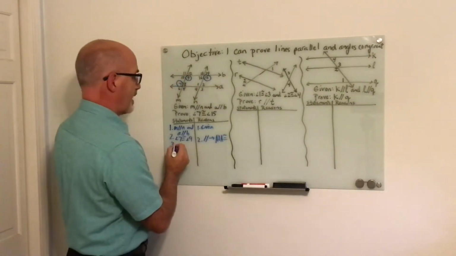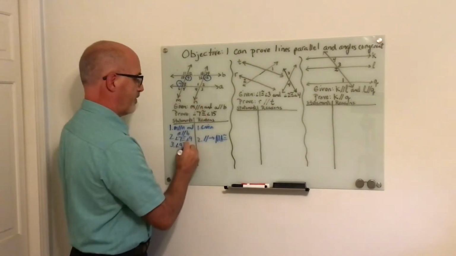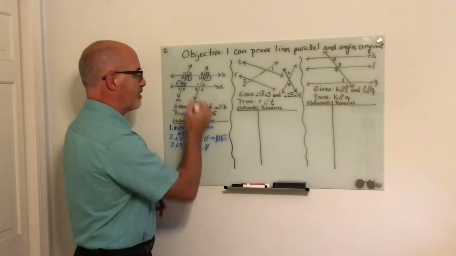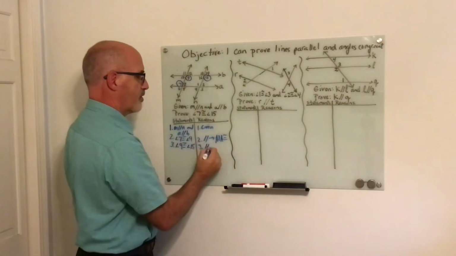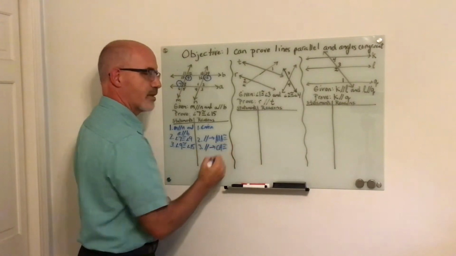So I can state that angle 9 is congruent to angle 15, and that's by these two being parallel with this transversal, so corresponding angles are congruent.